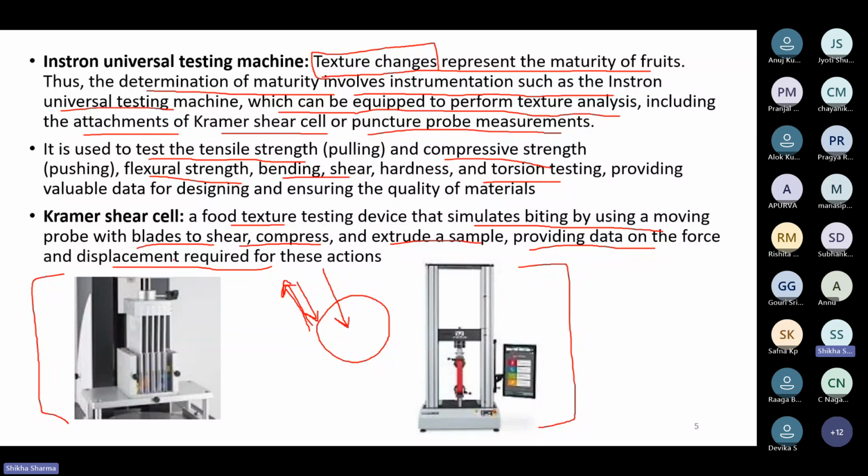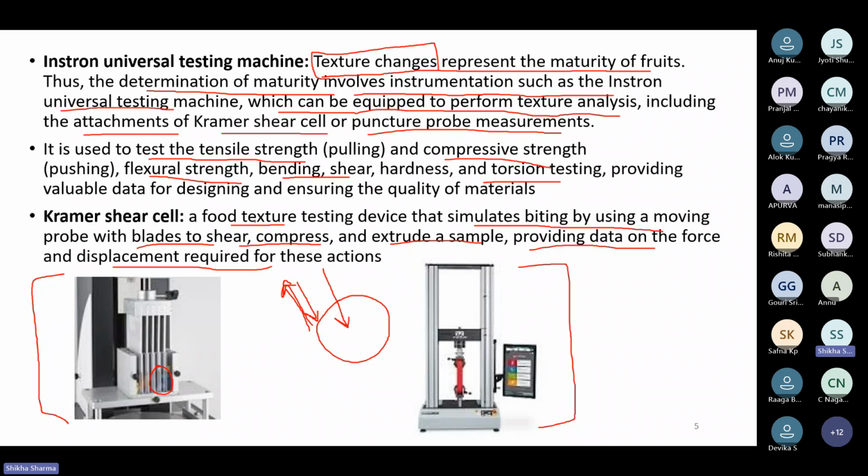So this also measures fruit texture, but it tells more about the shear, compression, or the extrusion. We extrude the sample and we get the force and displacement, like the graph between force and displacement. By this method we measure fruit texture or any food texture.